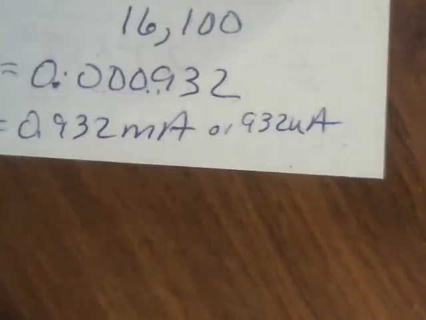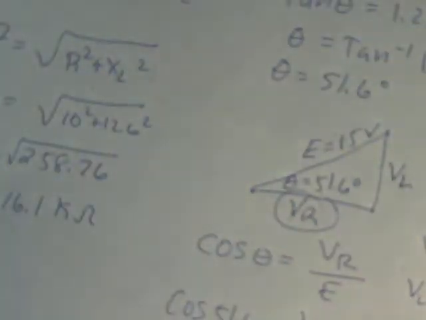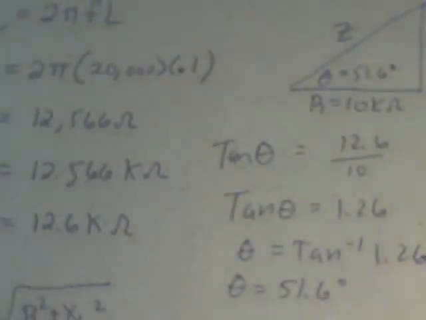I believe most of the time they do milliamps. So that was the 932 microamps. So that's an example of doing all measurements in both types of voltage and impedance, both types of phasors.